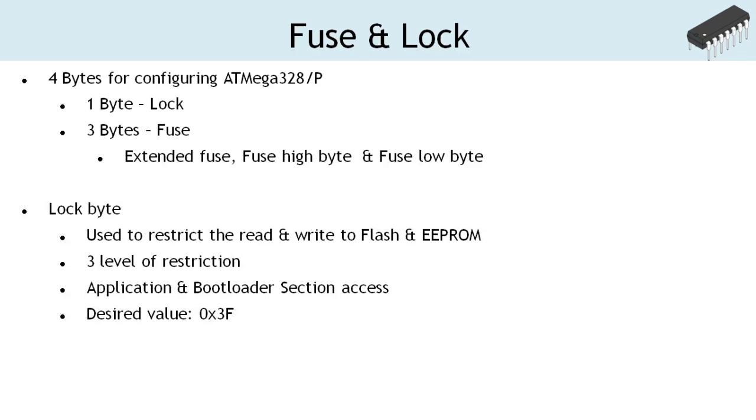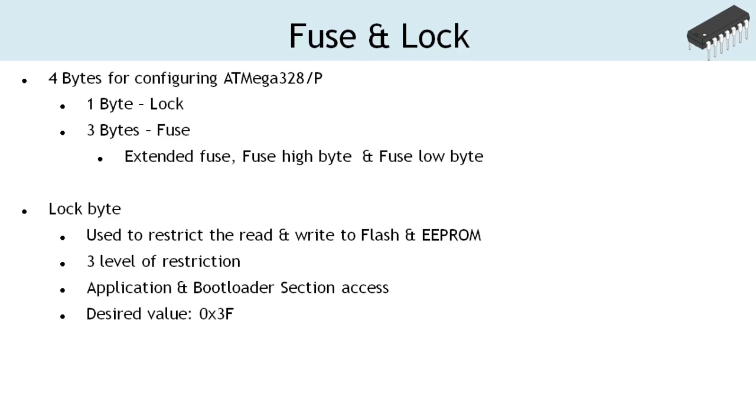Lock byte is used to restrict the access to the flash and EEPROM and provides security against unauthorized access to the on-chip memory. The access restriction can be applied at 3 levels: no restriction, disable programming, that is write operation in parallel and serial programming modes, and disable programming and verification, basically the read and write operation in both the programming modes.